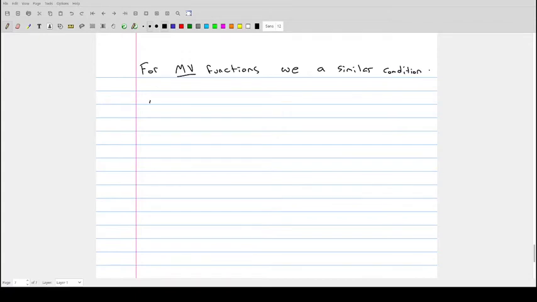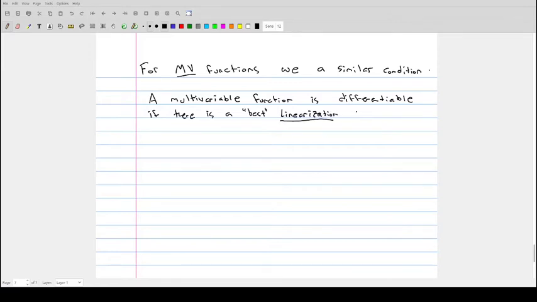Say that a multivariable function is differentiable if there is a best linearization or linear approximation to the function.